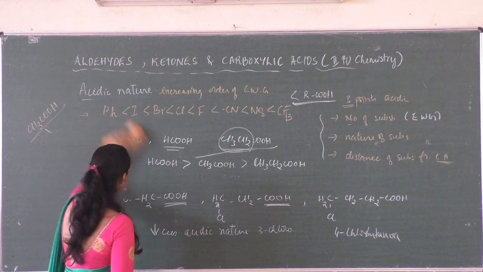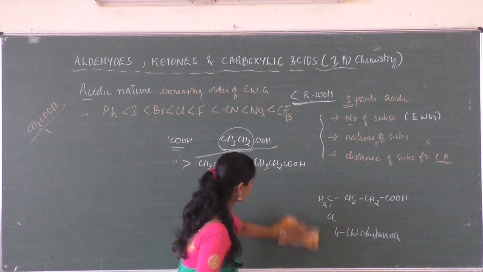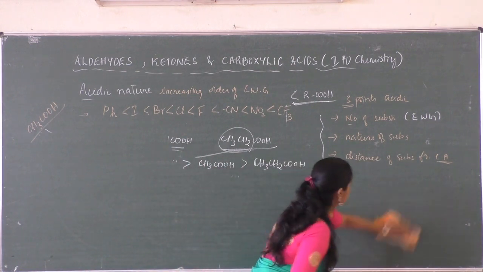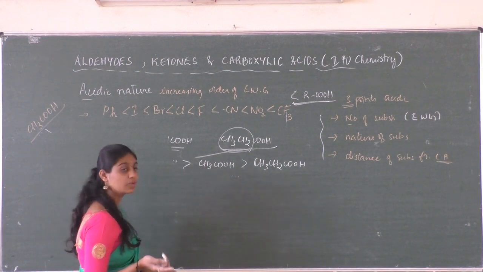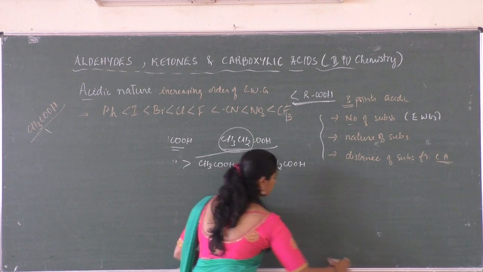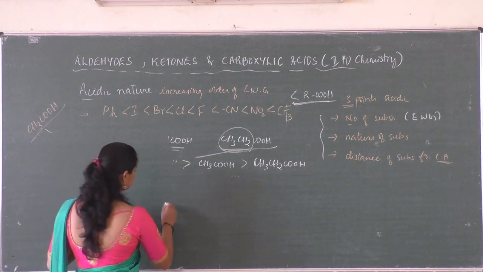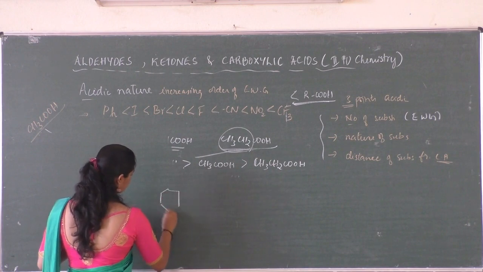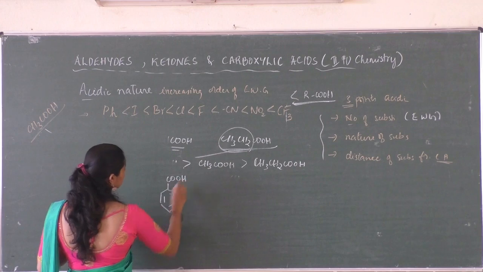Then, the presence of an electron withdrawing group and an electron donating group on benzoic acid, or else on phenyl carboxylic acid. So this is benzoic acid.